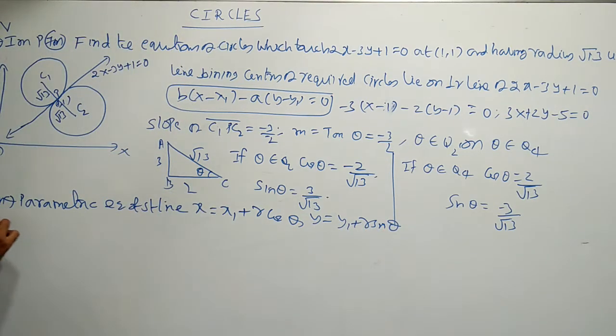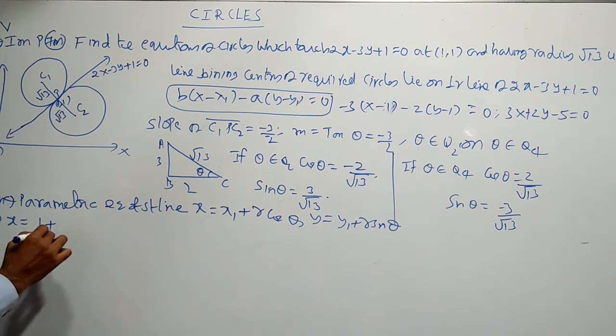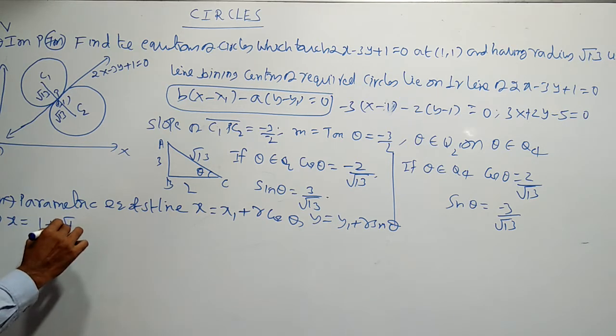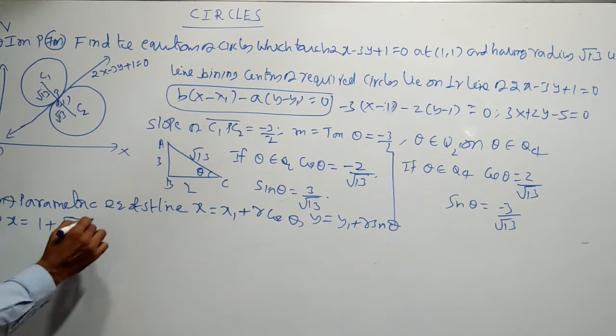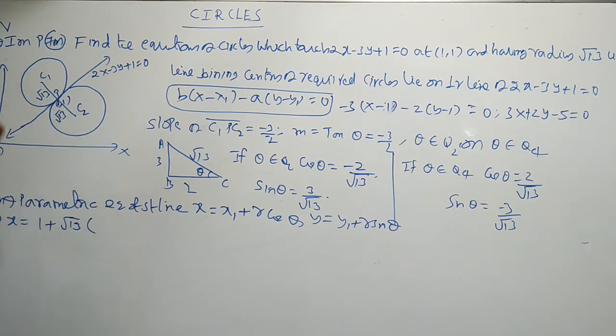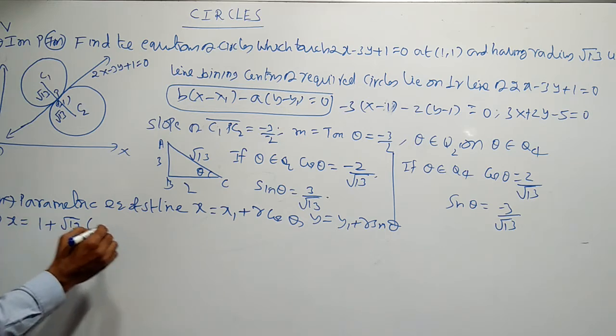That implies x = 1 plus r, which is root 13, since the radius is given and the distance from (1, 1) to C1 or C2 is also root 13. You can write directly root 13 into cos theta.